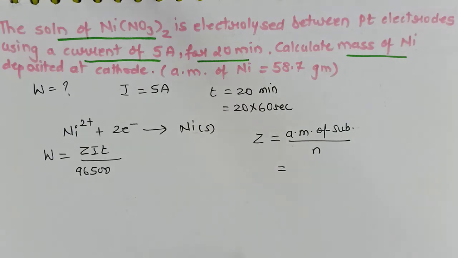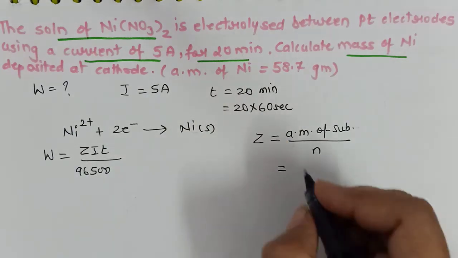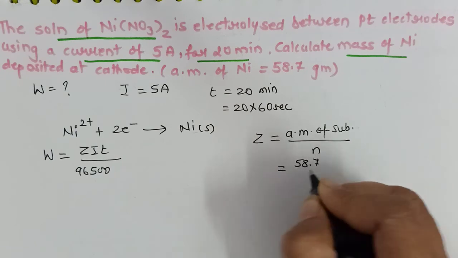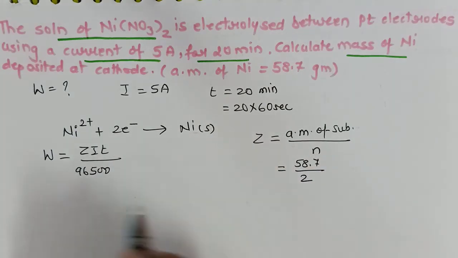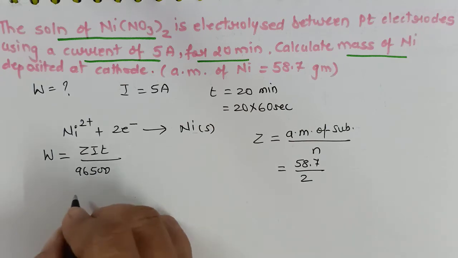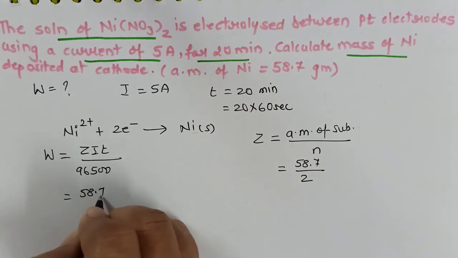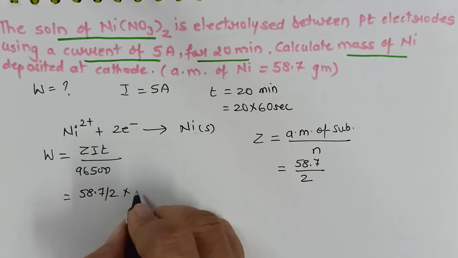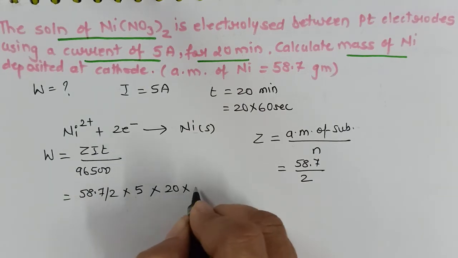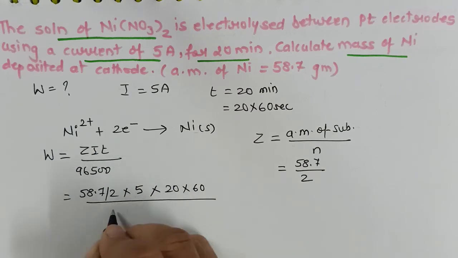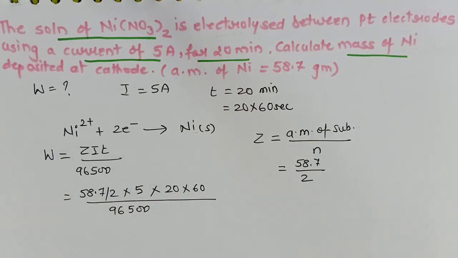So how much is the atomic mass of nickel? 58.7 upon the number of electrons, 2. I will keep it as it is and substitute the value. So this becomes 58.7 upon 2 into current 5 ampere into time 20 minutes into 60 seconds upon 96,500. When you solve this, you get the answer 1.8 gram.